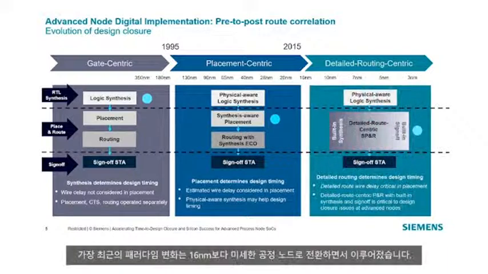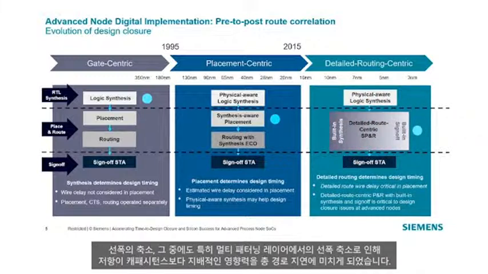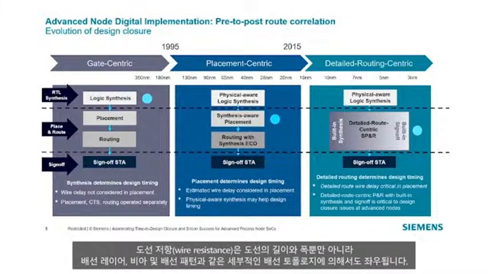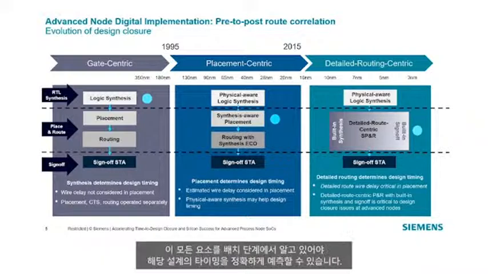The most recent shift is when moving to 16 nanometer and smaller process nodes. Because of shrinking line widths, particularly in multi-patterning layers, resistance has become more dominant than capacitance in the total path delay, and wire resistance depends on not only the length and width of the wires, but also on the detailed routing topology such as routing layers, vias, and routing patterns, all of which needs to be understood in the placement stage in order to accurately predict the timing of your design.